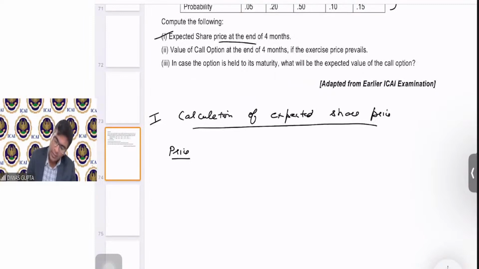Price: 120, 140, 160, 180, and 190. The probability is 0.05, 0.20, 0.50, 0.10, and 0.15.